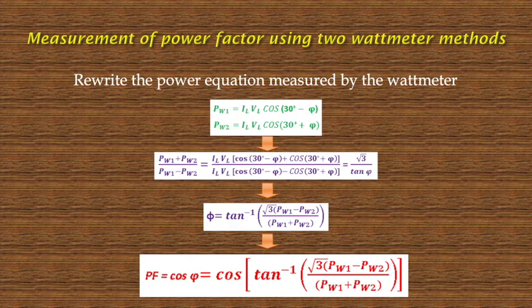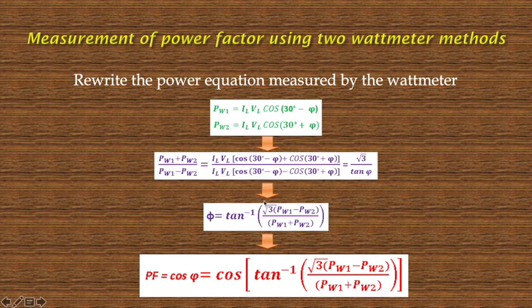Measurement of power factor using the 2 wattmeter method. Using the same setup as in figure 1, we obtain two power readings PW1 and PW2. Then PW1 minus PW2 divided by PW1 plus PW2, write down the formula of cos of 30 minus phi minus cos of 30 plus phi, and this result is root 3 tan phi.